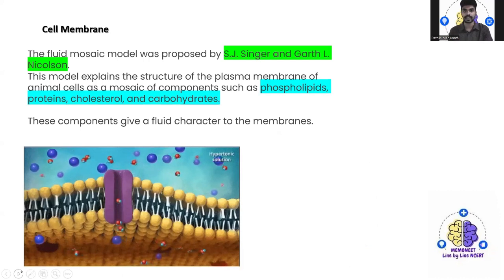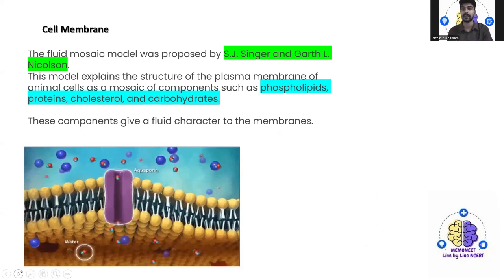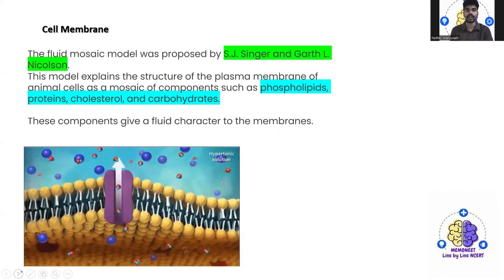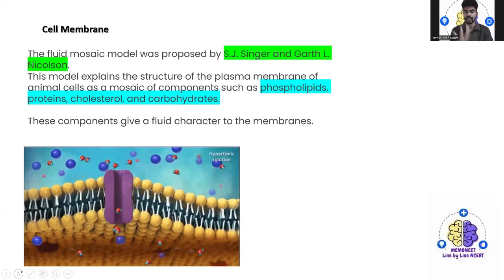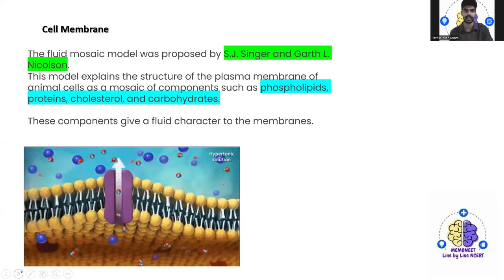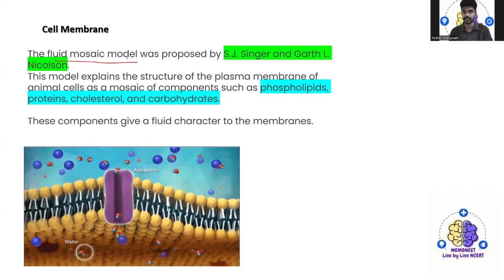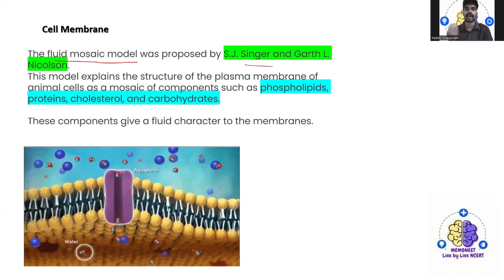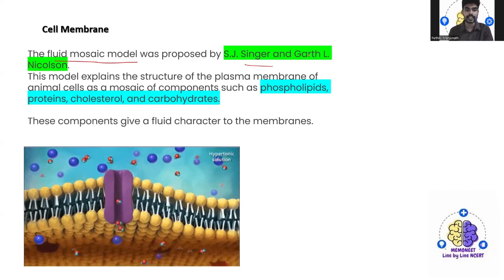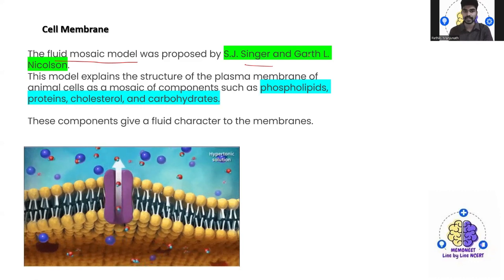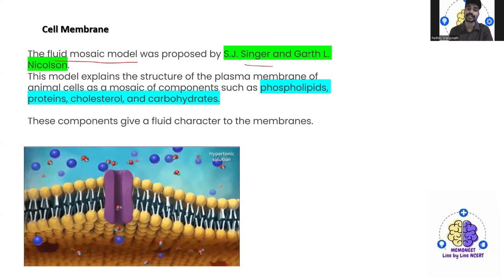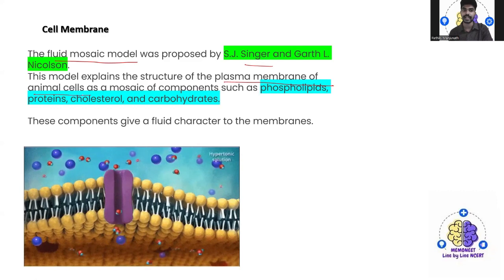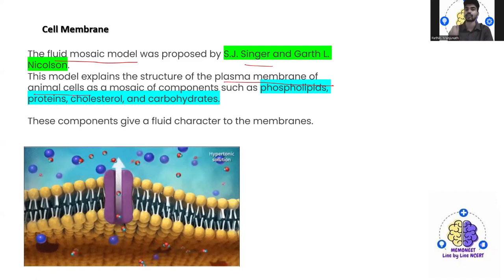Then the very first thing that I was speaking about is the cell membrane. So what is the cell membrane? The very first model presented for the cell membrane is the fluid mosaic model, which was proposed by S.J. Singer and Garth Nicolson. What this model explains is the structure of the plasma membrane of the animal cell as a mosaic of components.